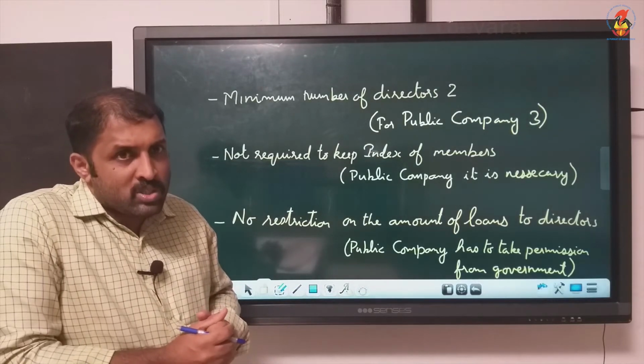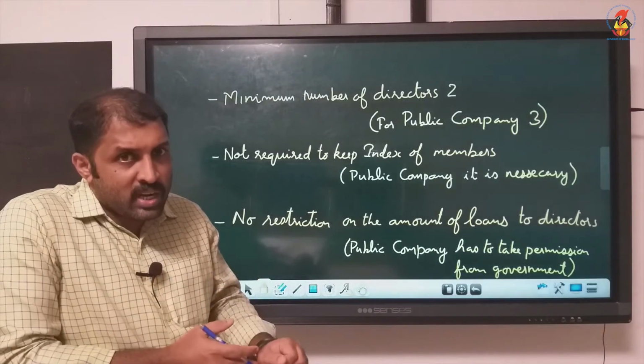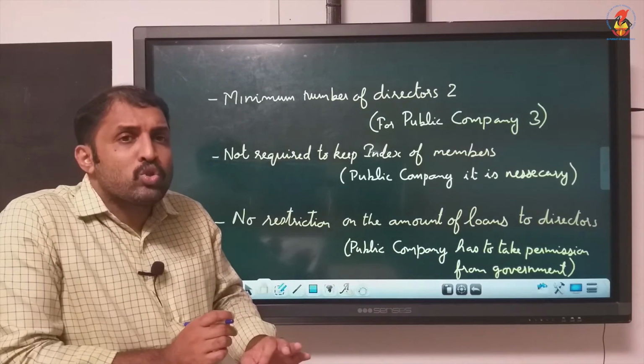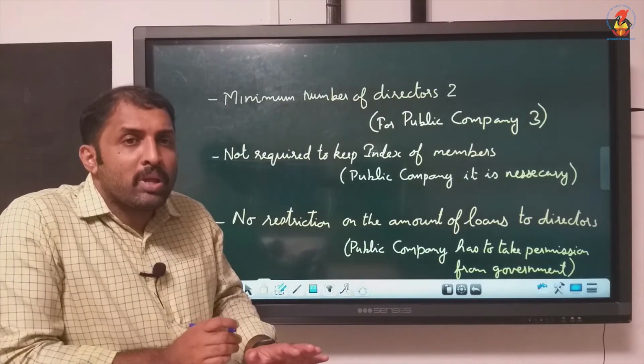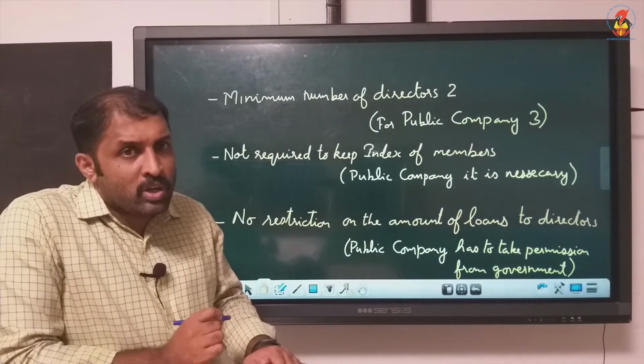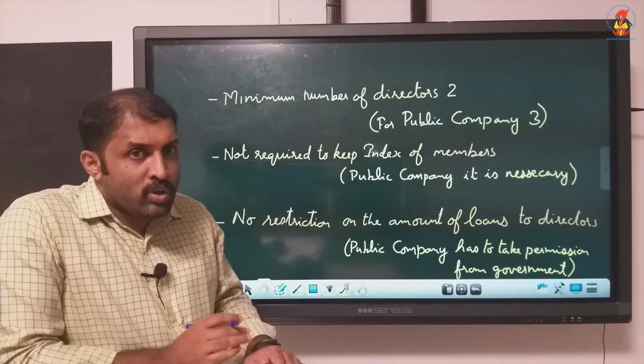And the last one is, there is no restriction on the amount of loans to directors. If loans are to be given to directors, the company themselves can decide in a private company, whereas a public company has to get permission from the government in order to give loans to directors. So that is also another privilege.